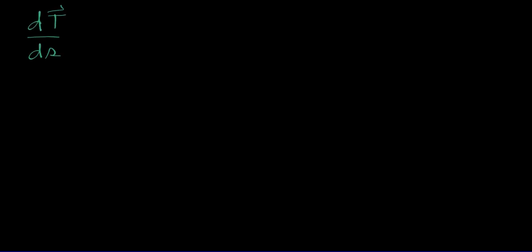We want to consider this thing. I know the magnitude is curvature, but let's see if we can get away from even using s at all. In other words, I don't want to have to reparameterize.